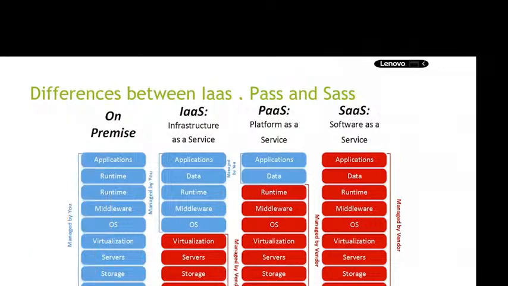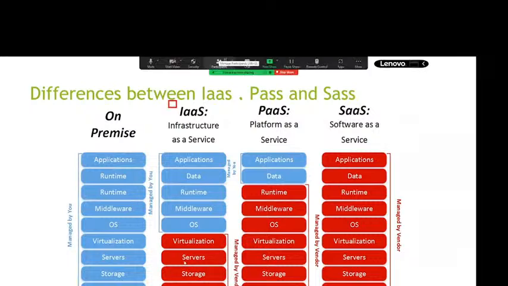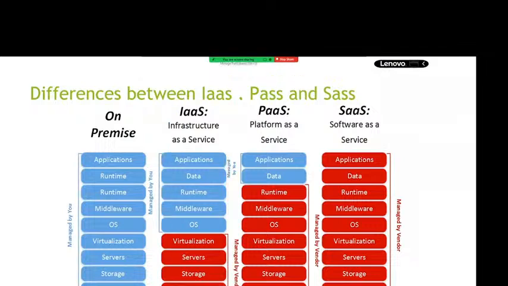Next, in the cloud, if you go for infrastructure as a service, carefully observe the things highlighted with red color, that will be taken care of by the vendor. Now, would you like to deploy Windows operating system or Linux? That totally depends on business requirements.